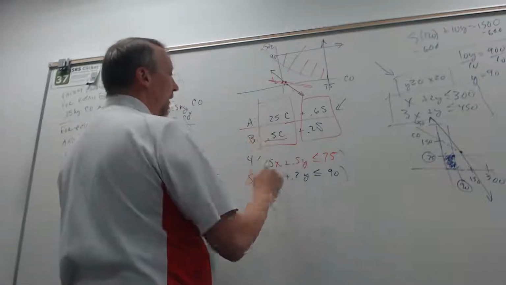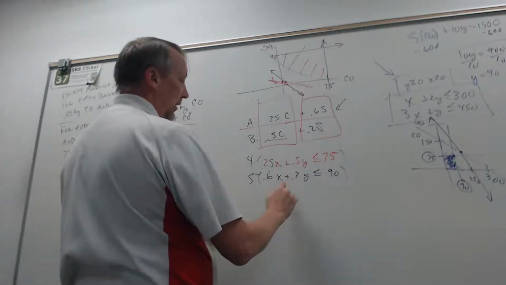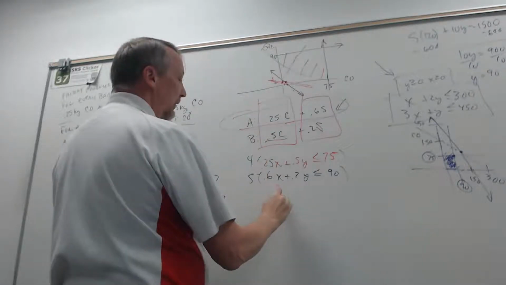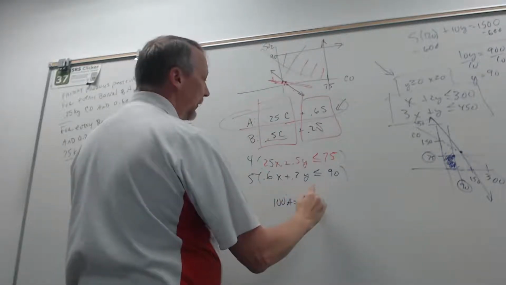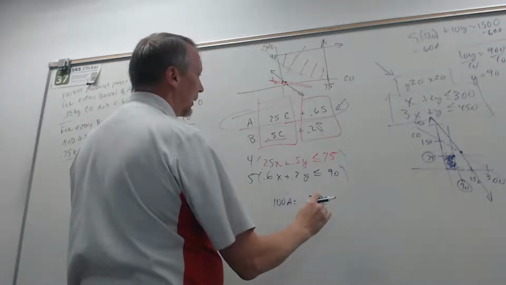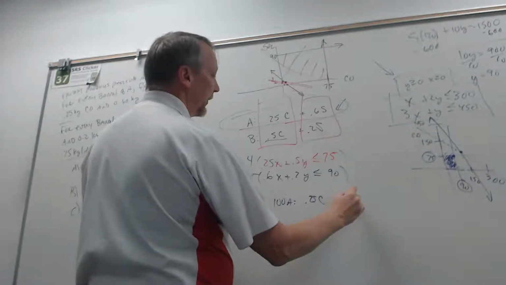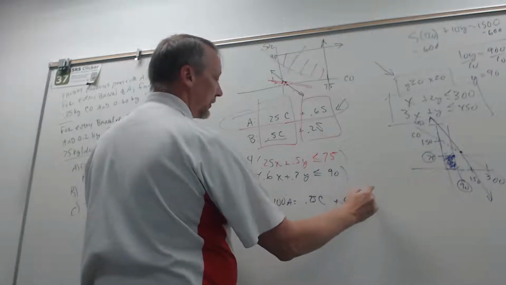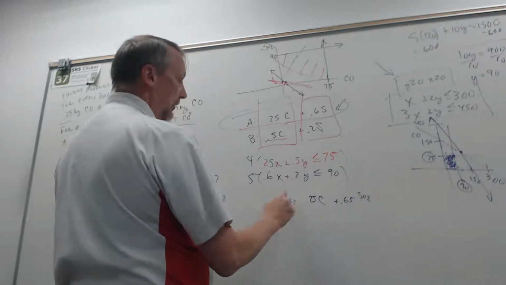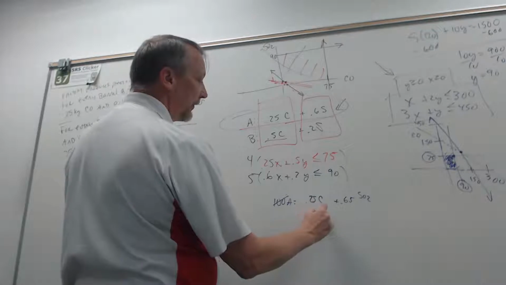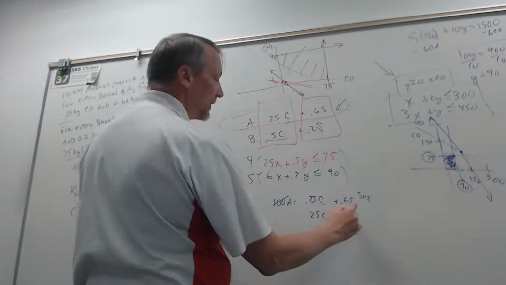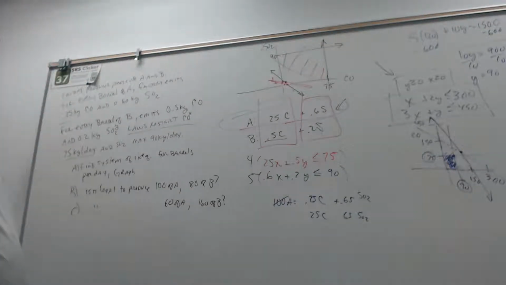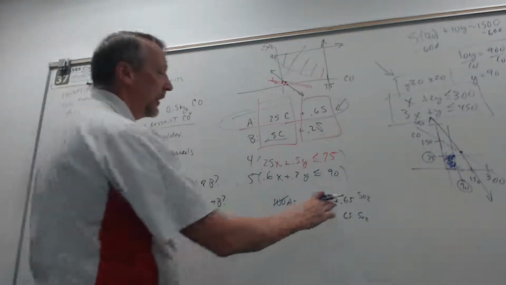So 100 of A, this is what we produce here, right? 100 of A is going to produce 0.25 of carbon monoxide plus 0.6 of SO2. If we multiply this by 100, that'll be 25 of carbon monoxide and 0.6, not 0.65, on the SO2.